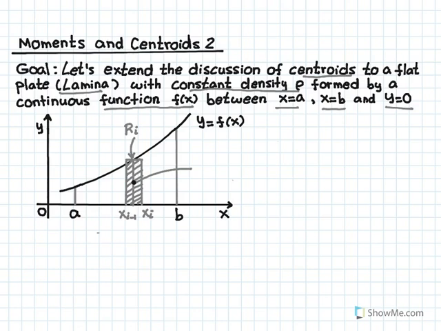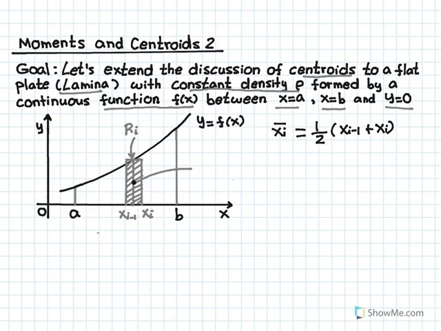We begin our analysis with one of the rectangles. So we can see that xi bar, the x-coordinate of the center of mass of this rectangle, is simply going to be the average of the left-hand and right-hand points, 1/2 (xi minus 1 plus xi).